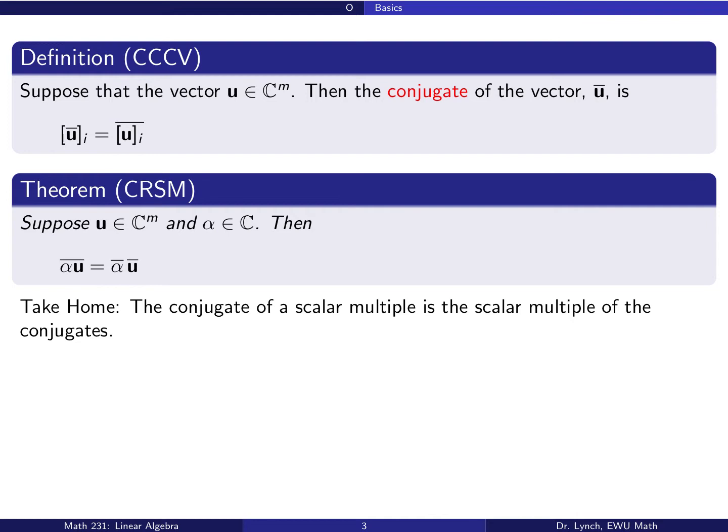This theorem says that the complex conjugate of a scalar multiple is the scalar multiple of the complex conjugates. Okay, so somehow complex conjugation works how we'd expect it to. You can do it before or after taking a vector sum or a scalar multiple and get the same answer.